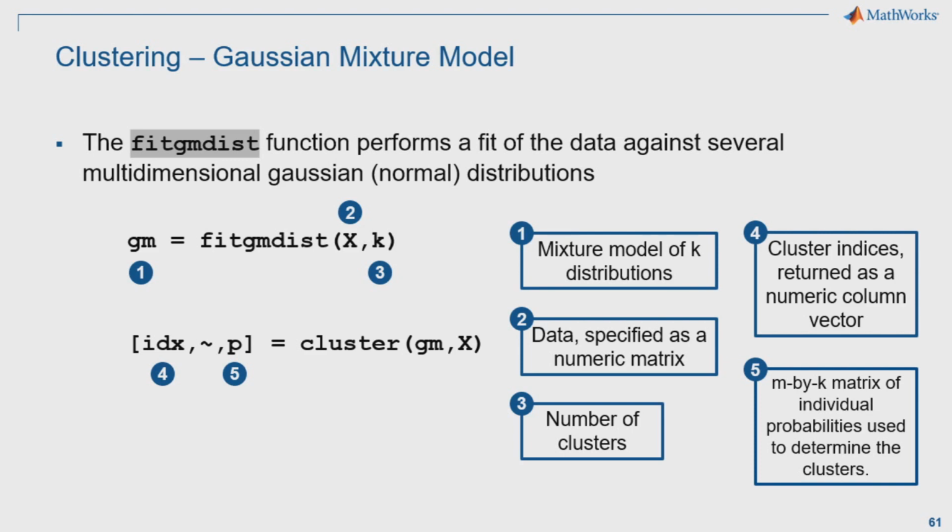But this is not the only information that the function cluster gives you. The same function gives you also a matrix, a vector for each data point, of probabilities that of course sum up to 1, each of which represents the probability that that specific point belongs to one of the clusters.